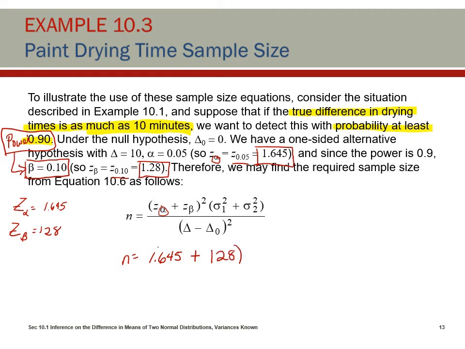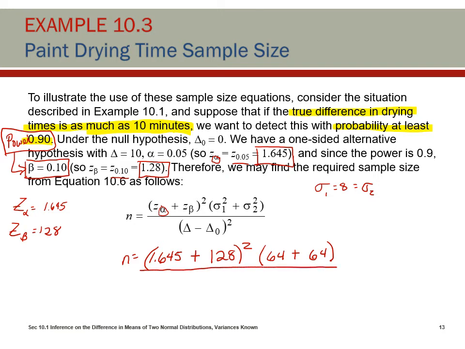We have to add those two together and square them. Then we're multiplying by what we knew sigma 1 to be, and in that problem, sigma 1 was equal 8, which was also equal sigma 2. So we're going to use that same thing again. Sigma 1 squared is 8 squared, or 64, plus 8 squared is 64 again, and we're dividing by the deltas.